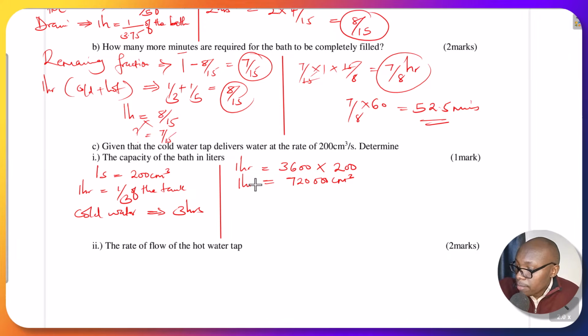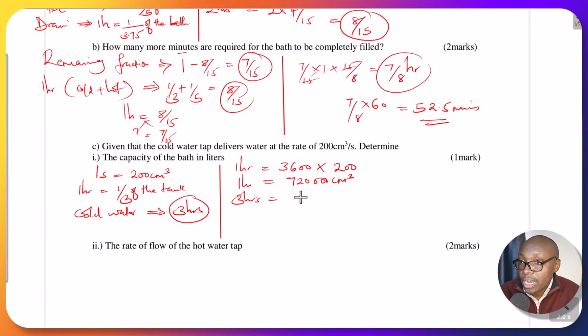That is very important. Now, after getting that, that is 1 hour. And remember, we said that this tap can completely fill the tank in 3 hours. So what about 3 hours?